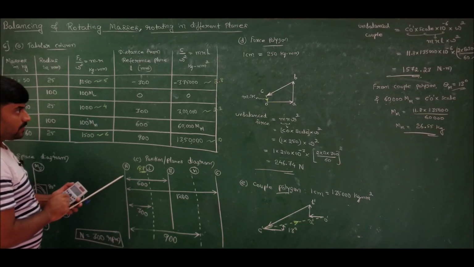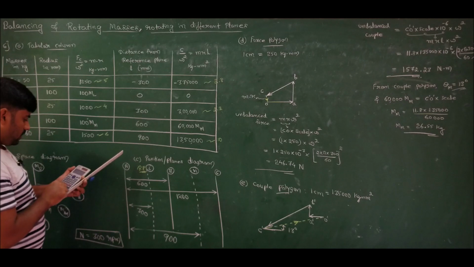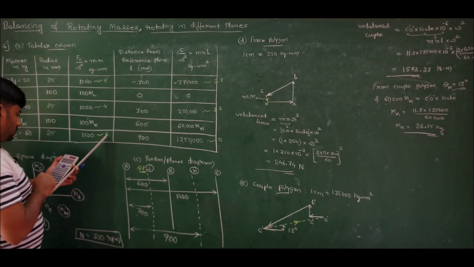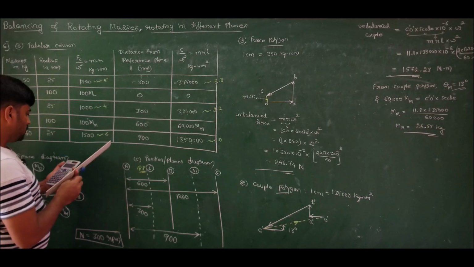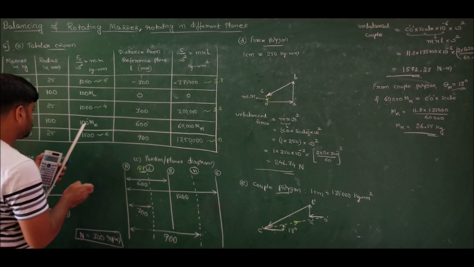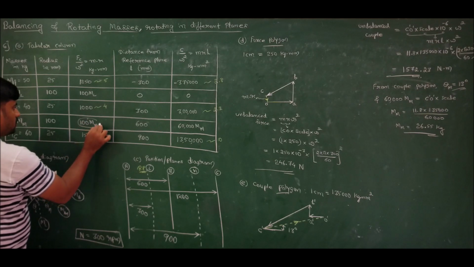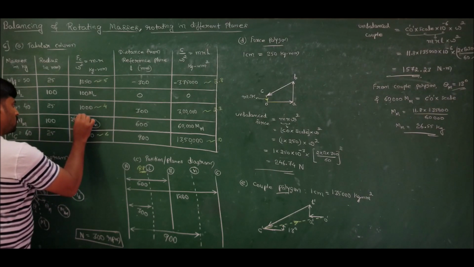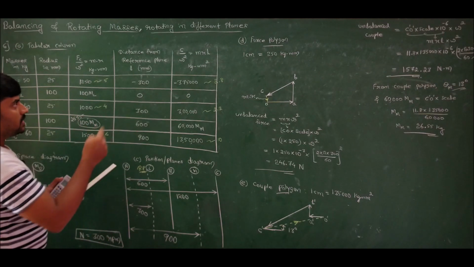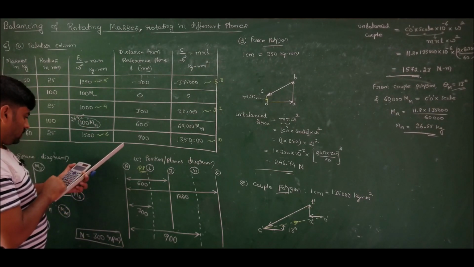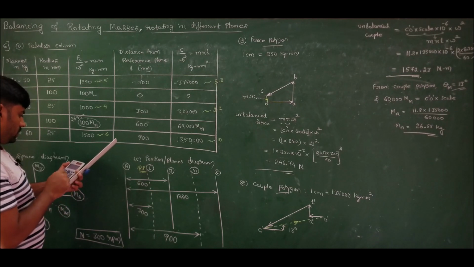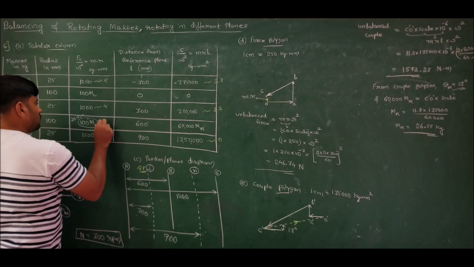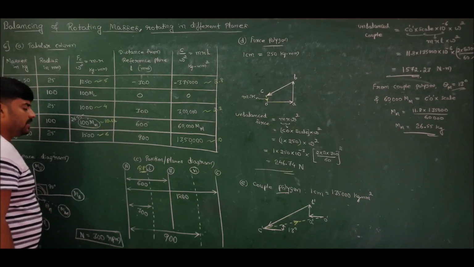So if I use mM, 26.55 into 100, which is 2655. So for the chosen scale, 2655 by 250 will be how much? 10.62 centimeters. So this will become 10.62 centimeters.